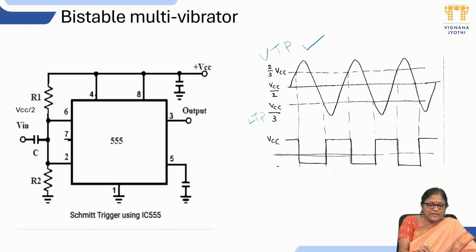So initially, if you look at this operation, it is at VCC by 2, the bias point, with the internal comparators' inputs and outputs all connected together. Suppose it is initially in the high condition.